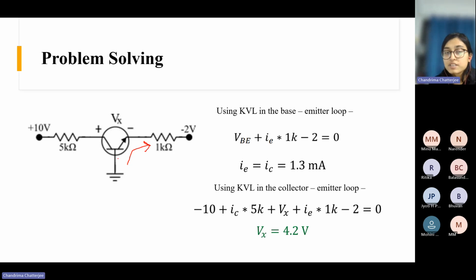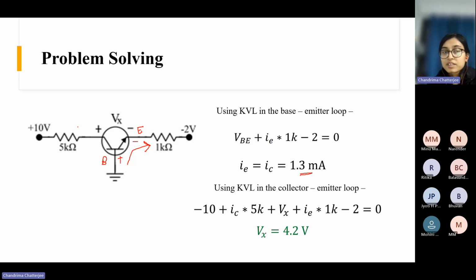My VBE is given here. This drop is given as 0.7 volt at the base emitter junction. So if we apply KVL here, VBE, then IE times 1 kilo ohm minus 2 is 0. So IE equal to IC becomes 1.3 milliampere.